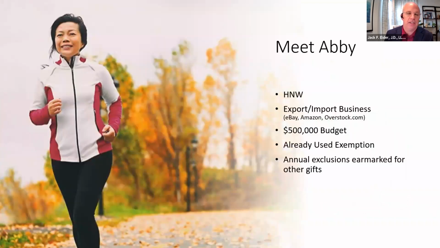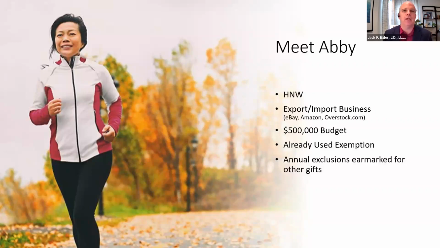She's high net worth. She has an import-export company. Really, she's kind of a broker herself, and she markets products on eBay, Amazon, Overstock.com, and similar websites. She's already used her lifetime exemptions, and she's using her annual exclusions, the per-donee gift, for something else.